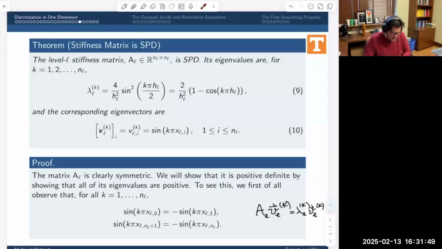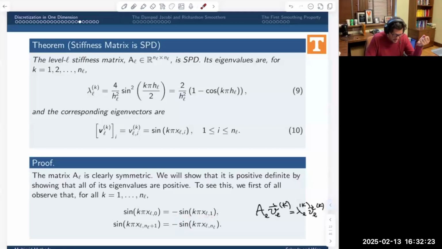Now let me check something interesting here. If I view them as grid functions, they don't have values at the so-called ghost points, xl0 and xl NL plus 1. However, if I just follow the pattern of putting in these values and assuming that this obeys the formula for cell-centered points, I can show that sine k pi xl0 equals minus sine k pi xl1.